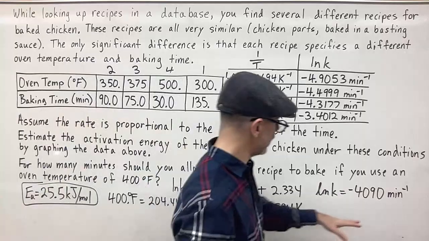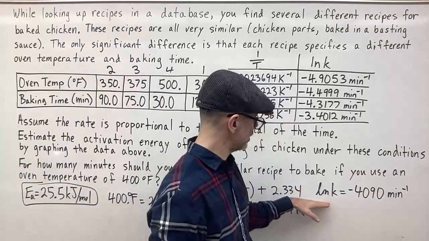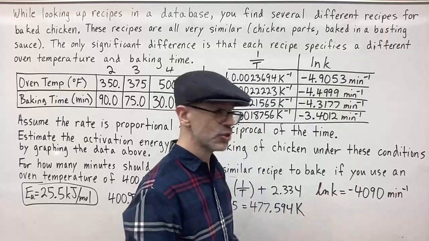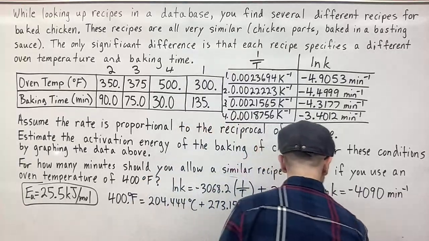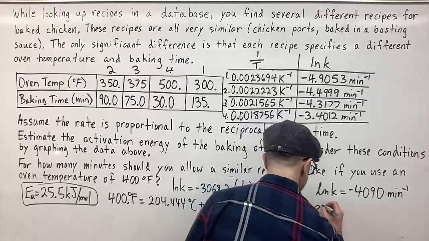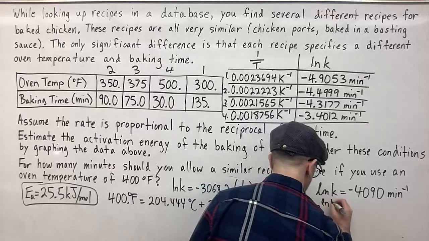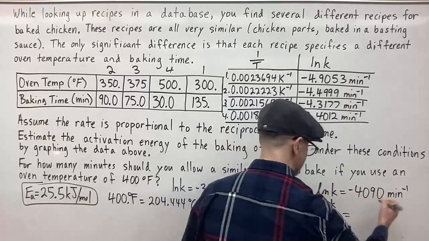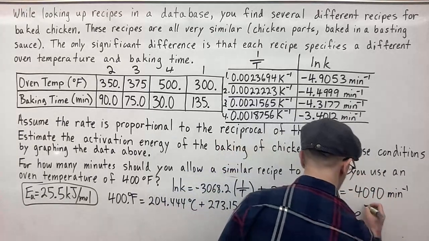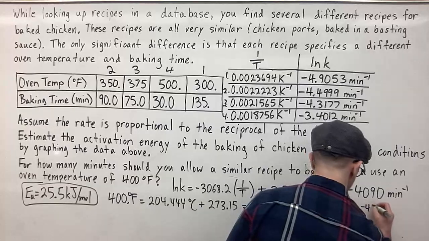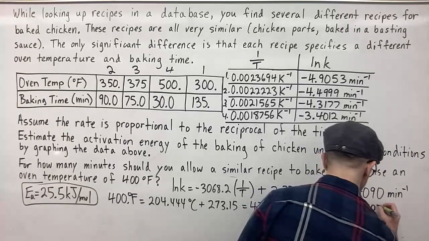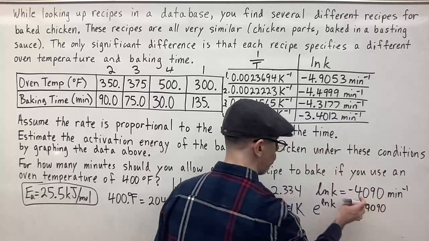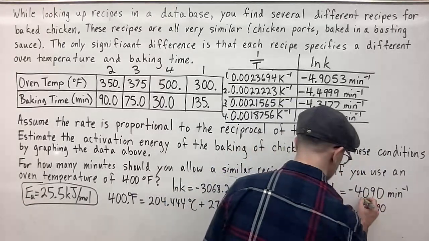And so then, we know this is ln of k, so we need to get rid of the natural log. That means we're going to take e and raise it to the power of the natural log of k. And we do that to this side too, so we raise e to the power of negative 4.090. Sorry, forgot the point.